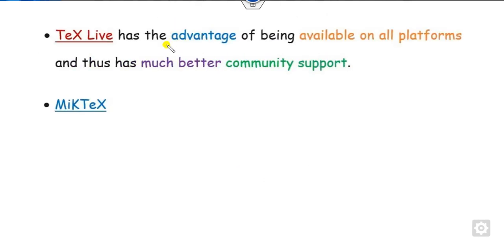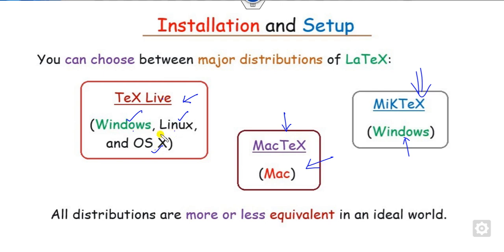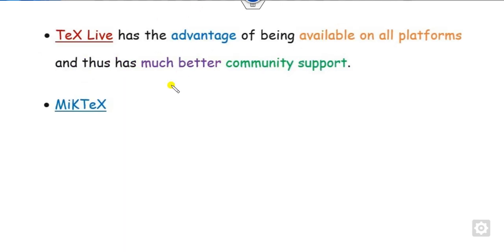We will firstly see that TeX Live has the advantage of being available on all platforms. Why? Because you can see it is for Windows, Linux, and Mac, and thus it has better community support.